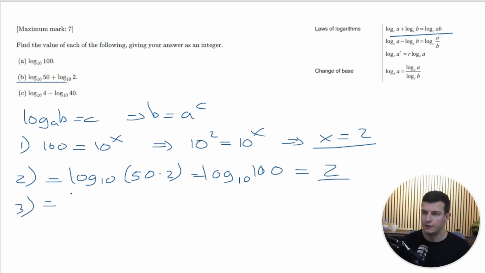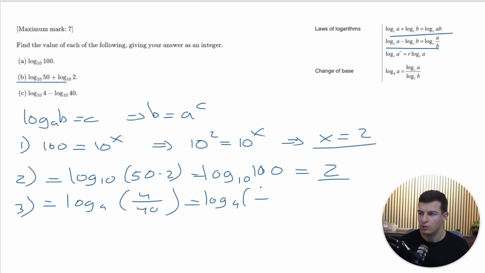Okay, and the last one, log base 10 of 4 minus log base 10 of 40. When we subtract, we use the quotient rule, which is the second one right here, division. So it will become log, and here it will be 4 divided by 40, and that will be log base 10 of 1 over 10. The base is 10, not 4.